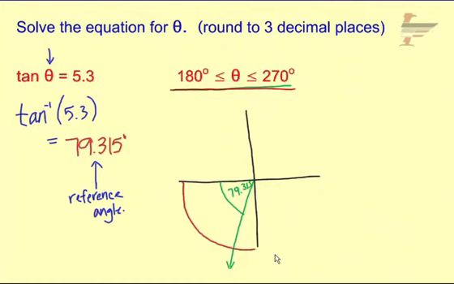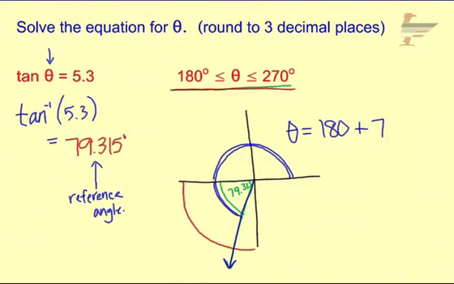And then the actual angle for theta, remember, angles start over here. I'm going to go all the way over here. I'm at 180 degrees, and we're going to stop right there. This is our angle we're looking for. So theta actually is equal to, we did our 180 right here, plus this 79.315 reference angle.